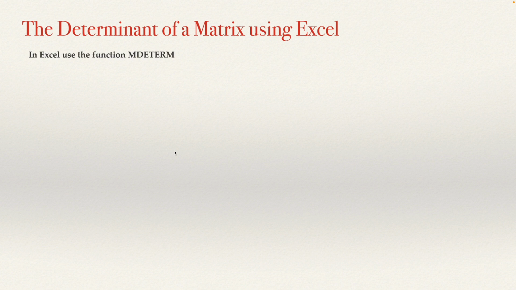In Excel, the function that we are going to use to compute the determinant of a matrix is this. It's easy to remember. You have an M and then the first letters for determinant, MDETERM.